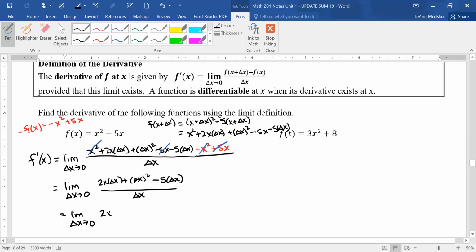So this would just be 2x plus a delta x minus 5, because this delta x canceled with one of each of those. And now we no longer have a delta x in our denominator, so we're allowed to evaluate this limit at delta x being 0. So this becomes 2x minus 5. So that is the derivative of x squared minus 5x.